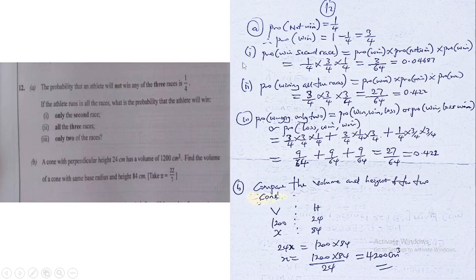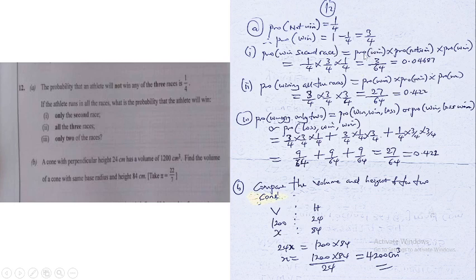So we need the probability of winning only the second race.